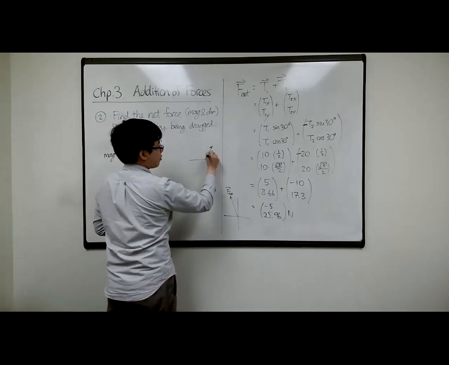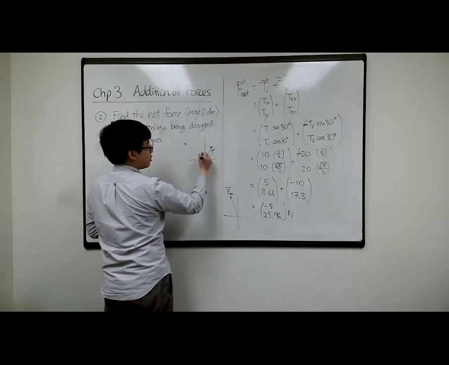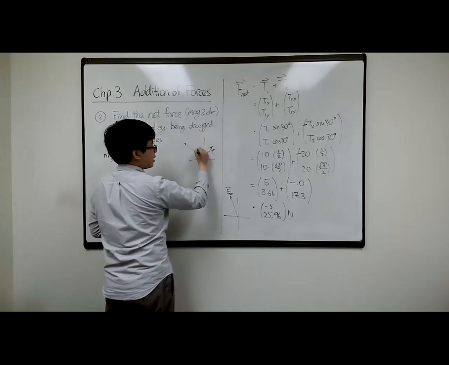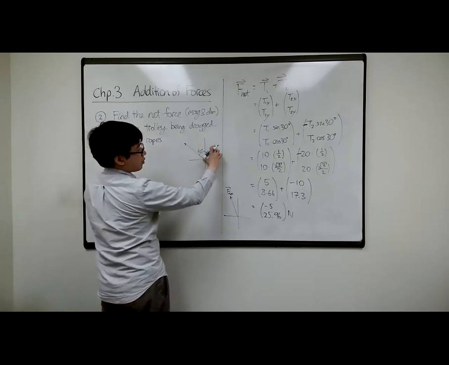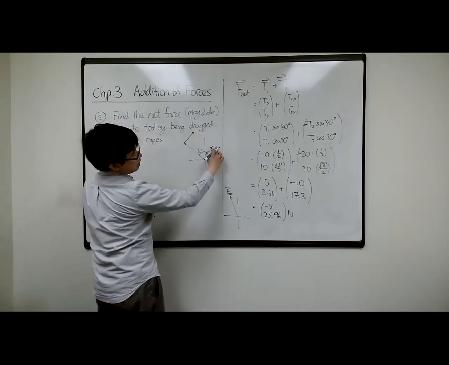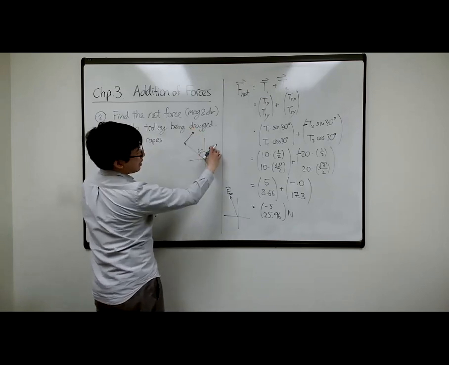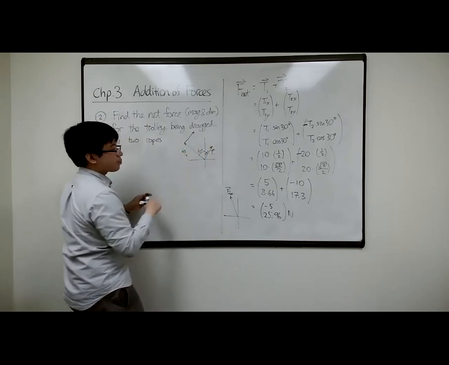So if I hadn't erased it, we had T1 this way and T2 this way, right? 30 degrees and 60 degrees. Now, if I geometrically add them together, so move T1 all the way from head to tail over here, right? So that's roughly right. And this is half of the length of T2. Right?